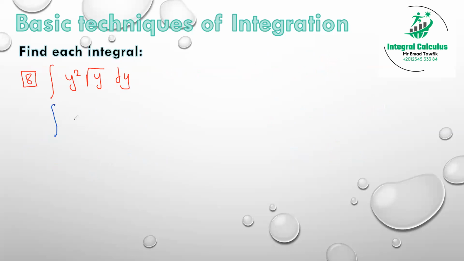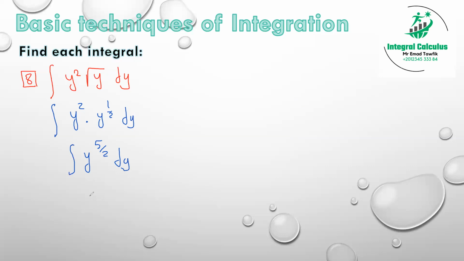So it's the integration of y squared multiplied by y to the power of half, dy. In multiplication we add our powers, so 2 plus half is 2.5, or 5 over 2, and I didn't do the integration yet. And then go ahead and integrate.